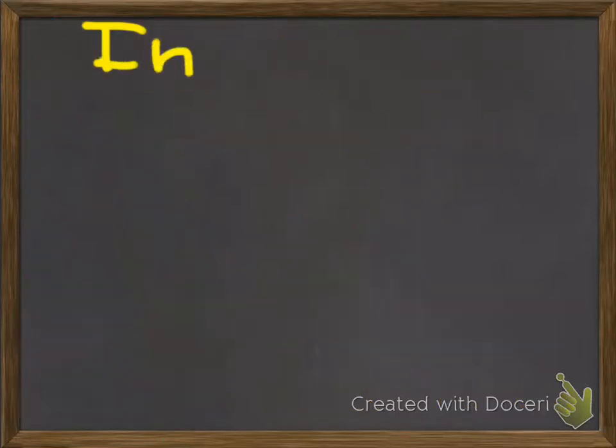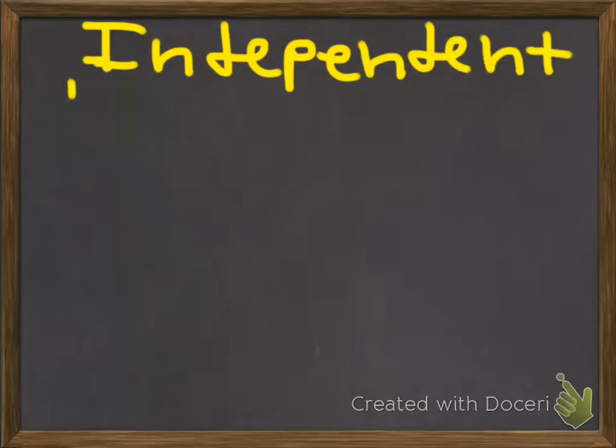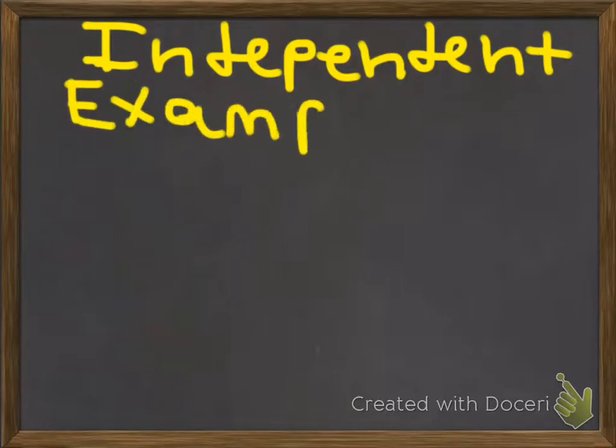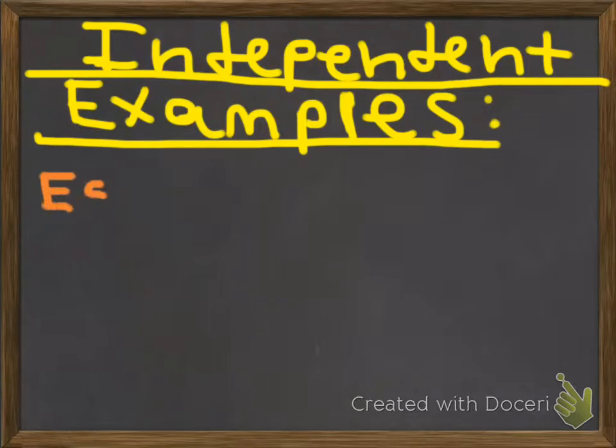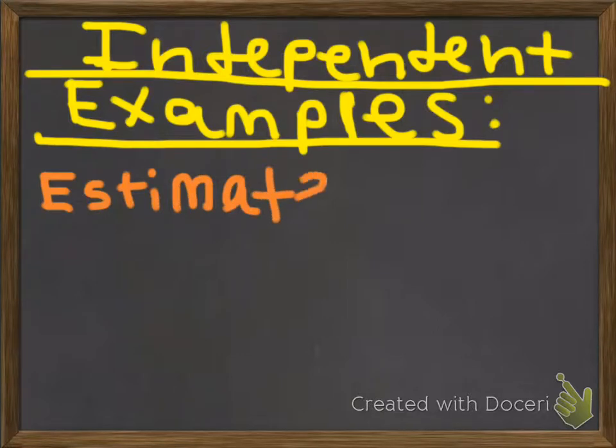Okay, now you're going to try some examples by yourself. So, I'll pause the video when we get some examples. Okay, so now you're going to have to estimate the square root of 7.